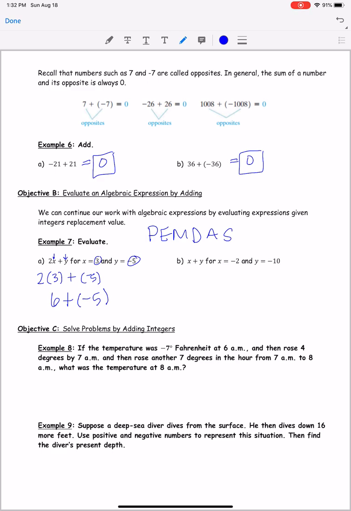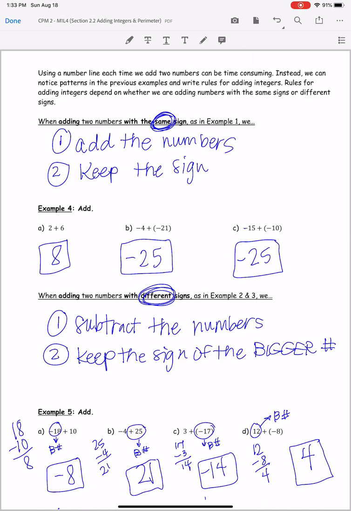We are adding. So we need to see, do I have opposite signs or the same signs? Well, this one's a plus 6. This one's a negative 5. So they're opposite. So when they are opposite, it says first we have got to subtract the numbers and then keep the sign of the bigger number.